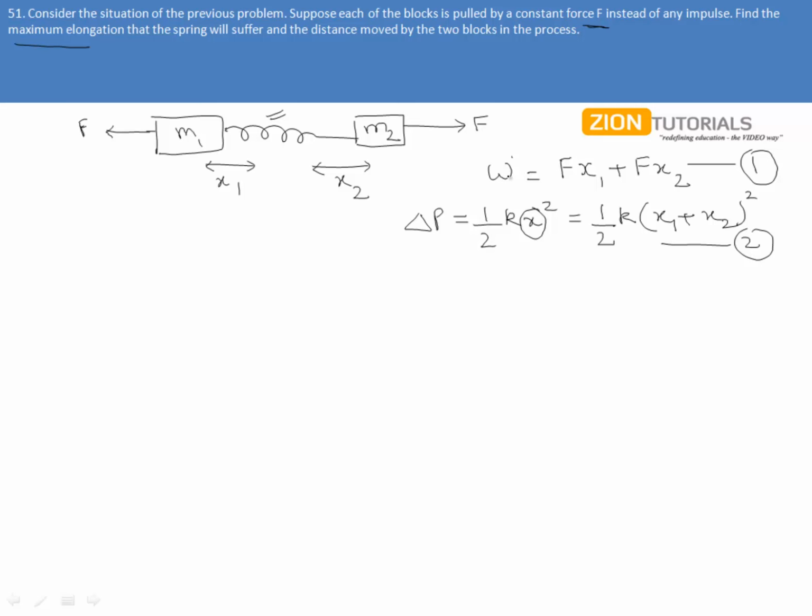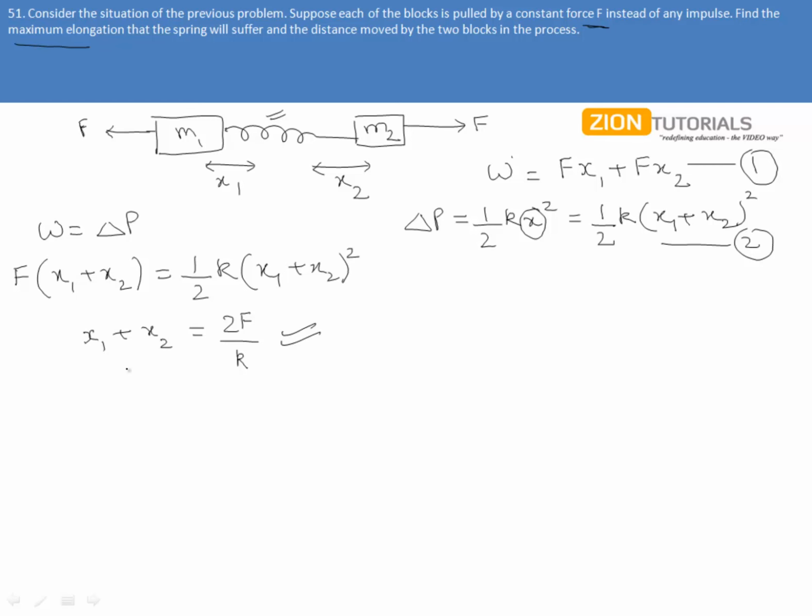So what I mean to say is that this work done upon the system has to be equal to the change in potential energy of the system, and hence I can write that W must be equal to delta P. Since work done is F into (x1 plus x2) equals delta P, which is half k (x1 plus x2) whole square, it gives us the value of x1 plus x2 to be 2F by k.